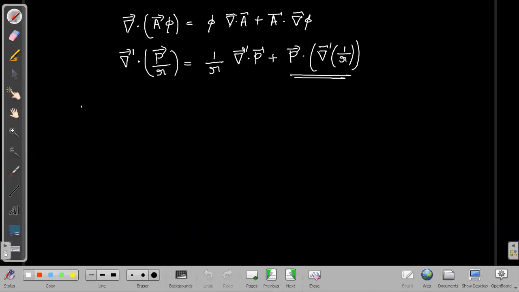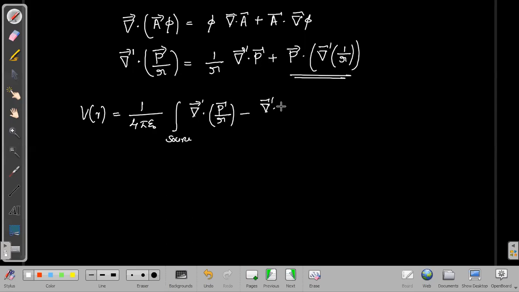The potential at point r equals 1 by 4 pi epsilon 0 integral over the source region of del prime dot P by script r minus del prime dot P by script r, d tau prime.